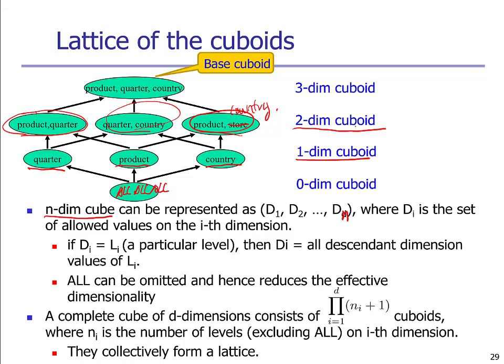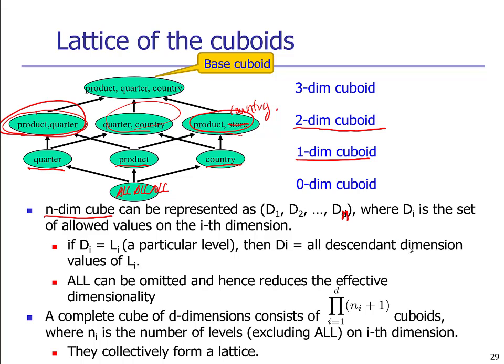D1 is the set of allowed values on product, if we take this as the example, and D2 is the set of allowed values on quarter. Say if Di equals Li, which represents a particular level, then Di equals all the descendant dimension values of Li. This is easy to understand. All can be omitted and hence reduces the effective dimensionality.